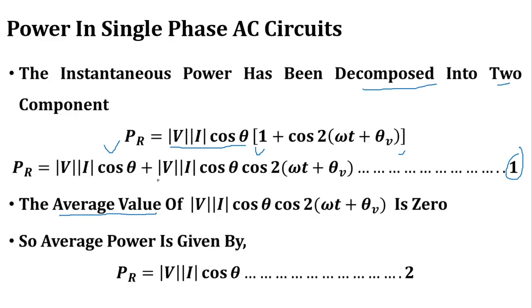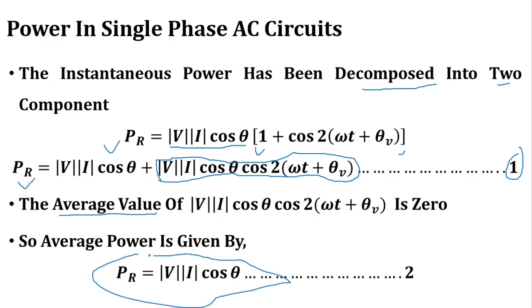Clear? So in this equation the average power is 0. So the average power for this active component is equal to Vi cos theta only. This part goes to 0. So the average power PR is equal to |V||I| cos theta.